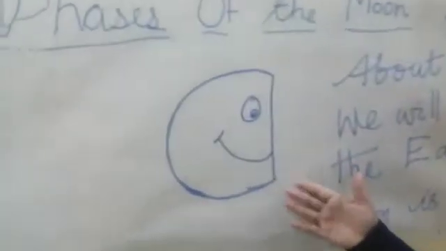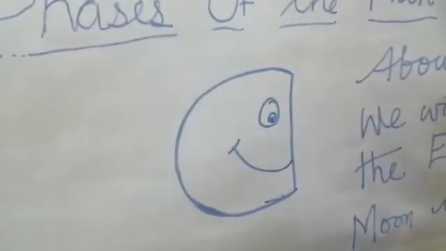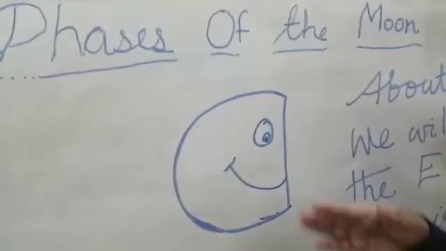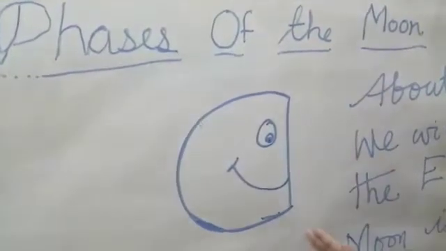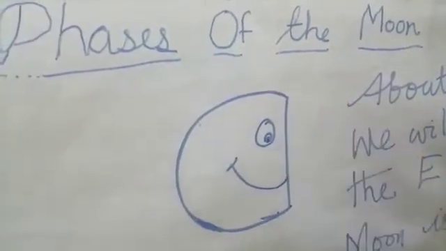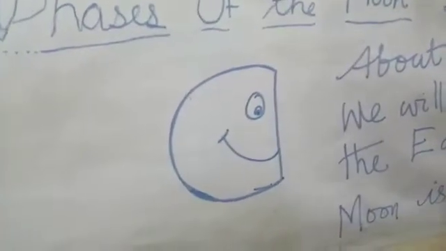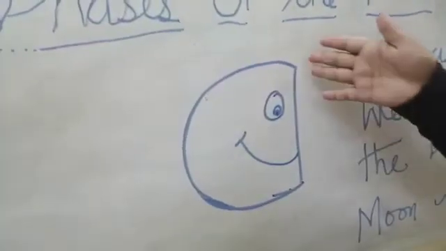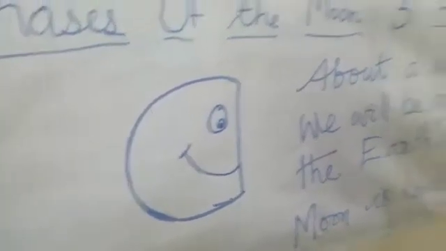Look, it looks like this. It looks as if a ball is cut into pieces. The moon looks as if we have cut a ball into 2 pieces.